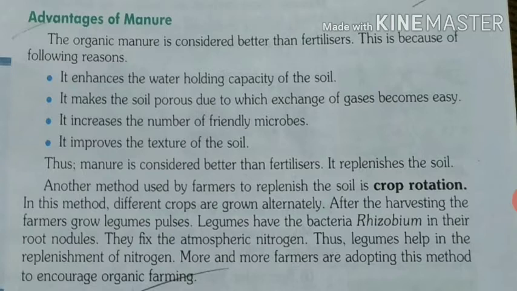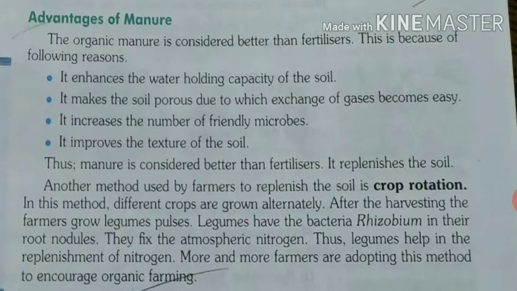Thus, legumes help in the replenishment of nitrogen. More and more farmers are adopting this method to encourage organic farming. Okay, so crop rotation is one method due to which we can provide more and more nitrogen rich fertilizer to the soil. But how?